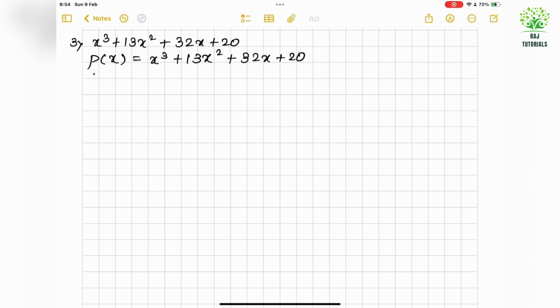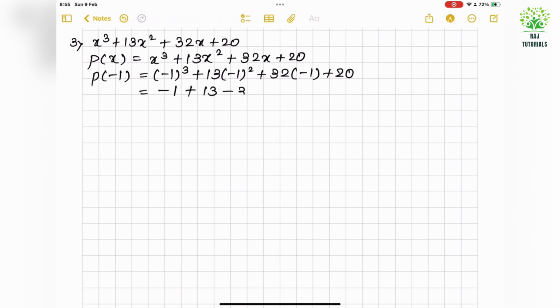And if I find p of minus 1, it will be minus 1 whole cube plus 13 into minus 1 whole square plus 32 into minus 1 plus 20. So this will be minus 1 plus 13 minus 32 plus 20. So it will be 0. So therefore x equal to minus 1 is a factor.